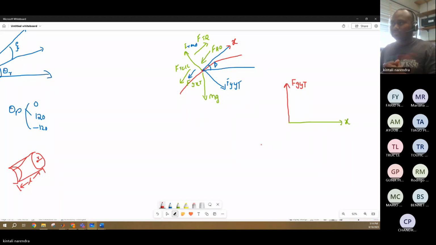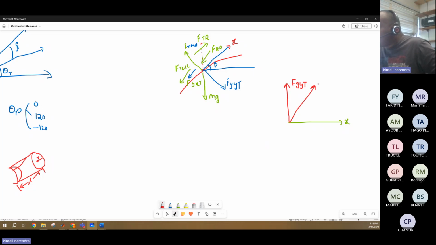Now this is mg. mg is acting downwards, and if you draw to the opposite side, it becomes minus mg. So to derive what is FGYT, I'm going to draw mg in this direction.